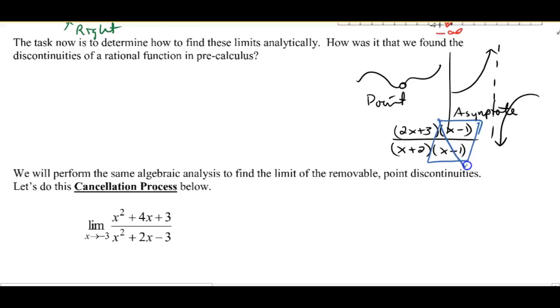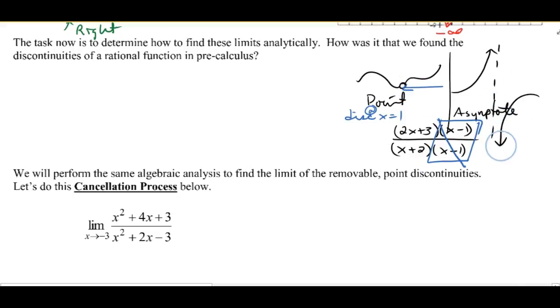If it would cancel, then I get an equivalent function that I can still evaluate and find a y value. In this case, this point discontinuity would be at x equals 1. And I could evaluate by plugging 1 into what remained in order to find the limit.